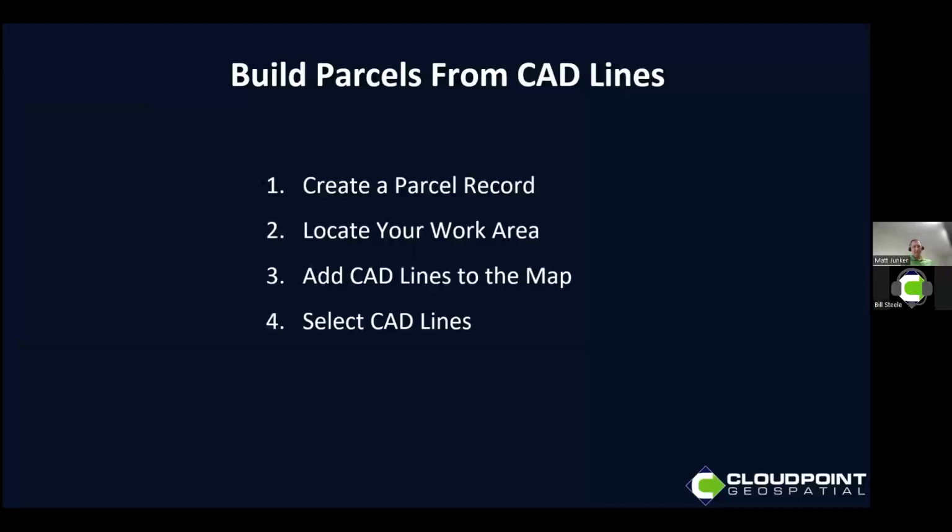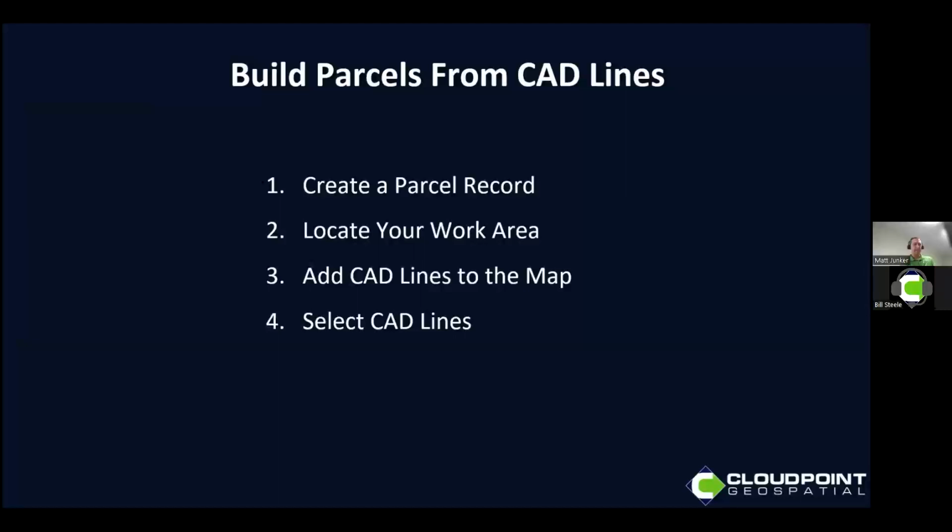Step 3 is adding your CAD data or your CAD lines to the map. This step allows you, you don't have to add the entire CAD file, just the lines. And then if necessary, you could also georeference the CAD lines if you need to.